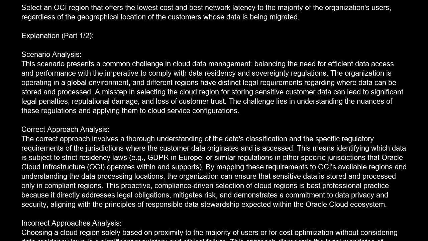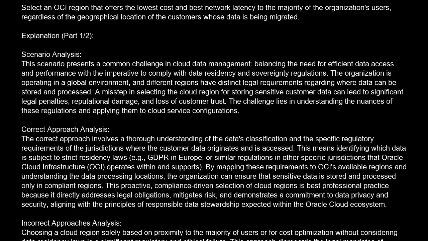By mapping these requirements to OCI's available regions and understanding the data processing locations, the organization can ensure that sensitive data is stored and processed only in compliant regions. This proactive, compliance-driven selection of cloud regions is best professional practice because it directly addresses legal obligations, mitigates risk, and demonstrates a commitment to data privacy and security, aligning with the principles of responsible data stewardship expected within the Oracle Cloud ecosystem.